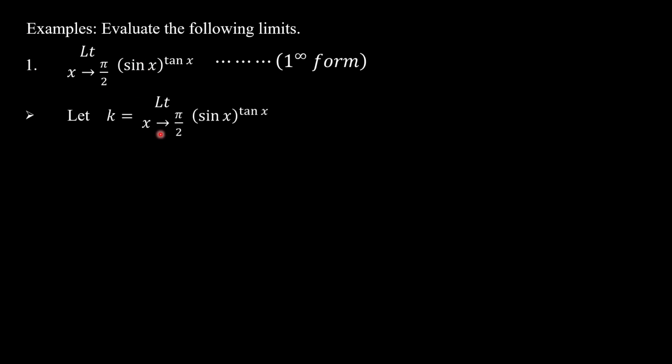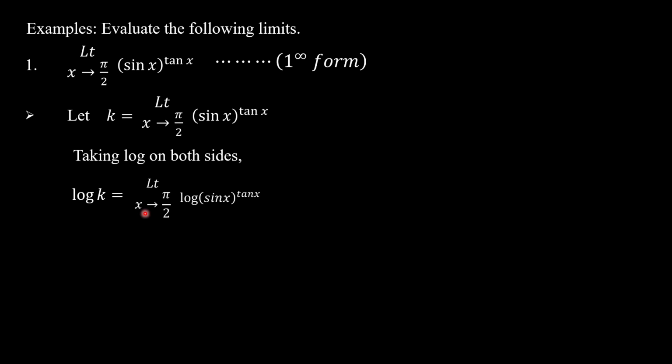Let k be equal to limit x tending to pi by 2 sin x power tan x. Taking log on both the sides, log k is equal to limit x tending to pi by 2 log of sin x power tan x, which is of the form log m to the power n, which is nothing but n into log m.